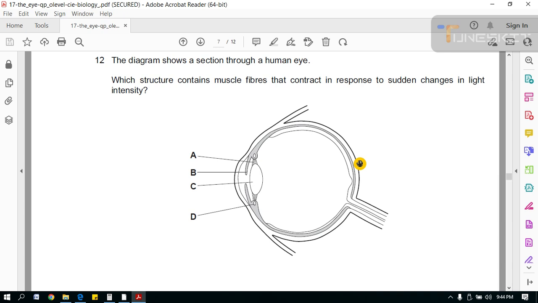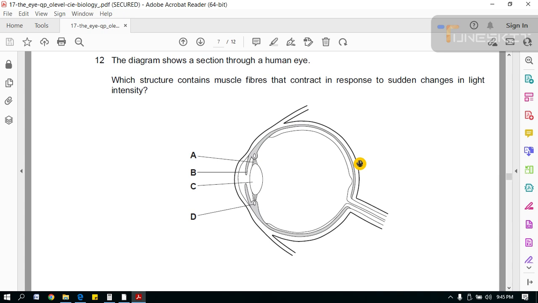We have already defined these structures, and of all of them there are two muscles here: the ciliary muscles and the iris.